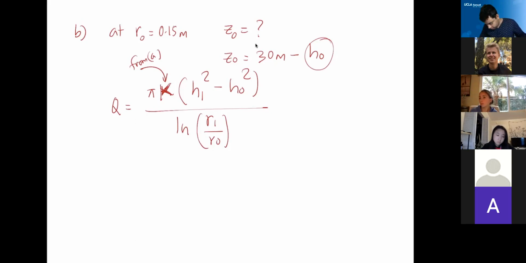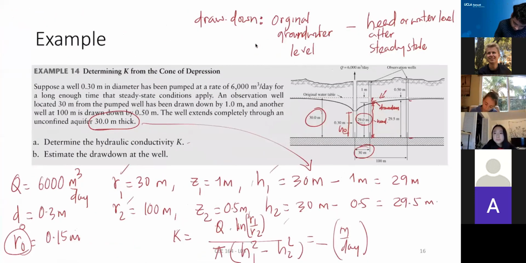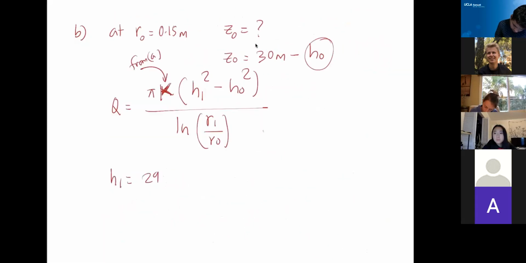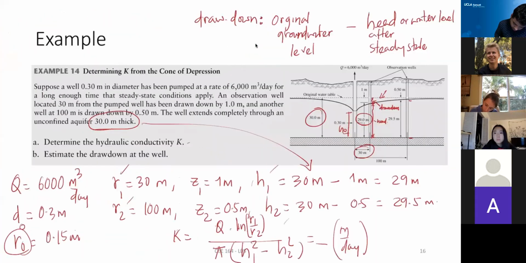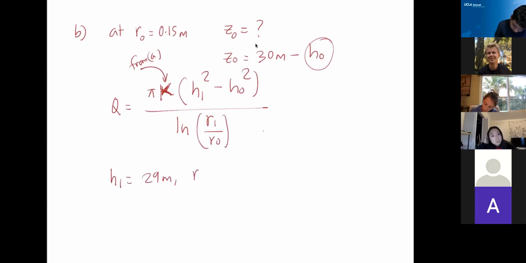Hold on, my pencil doesn't work now for some reason. Let's see. It works. All right, so H1, pick any other than H1. So here H1 is 29 meters, R1 is 30 meters, R0 is 0.15 meters.